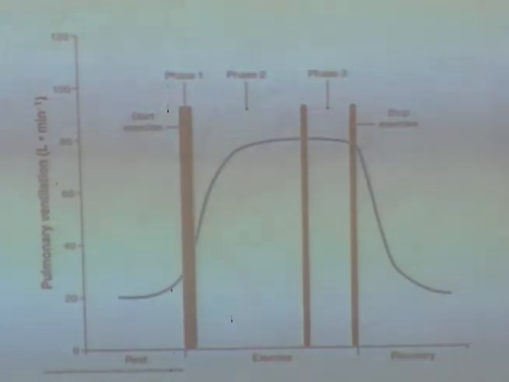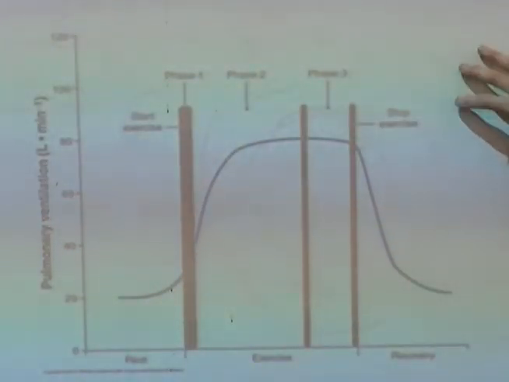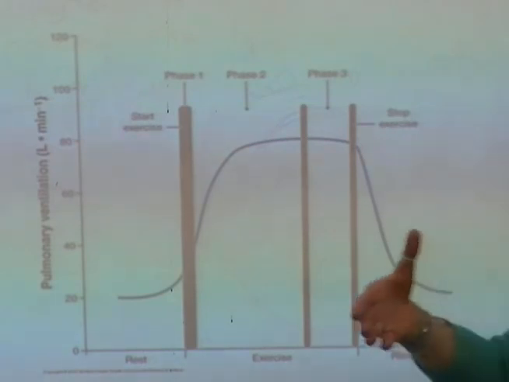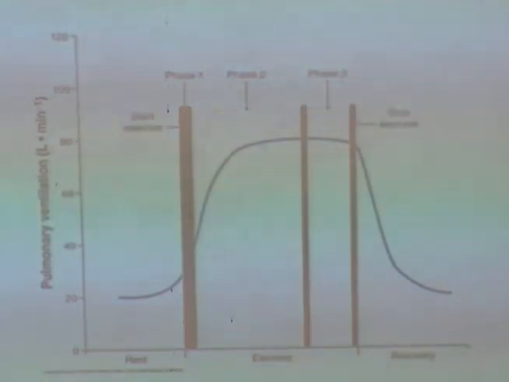Okay. Adaptation-wise, there's very little adaptation. So this is the acute picture of what changes in my breathing when I start to exercise right now. Chronic changes, adaptation, we really don't see very much.